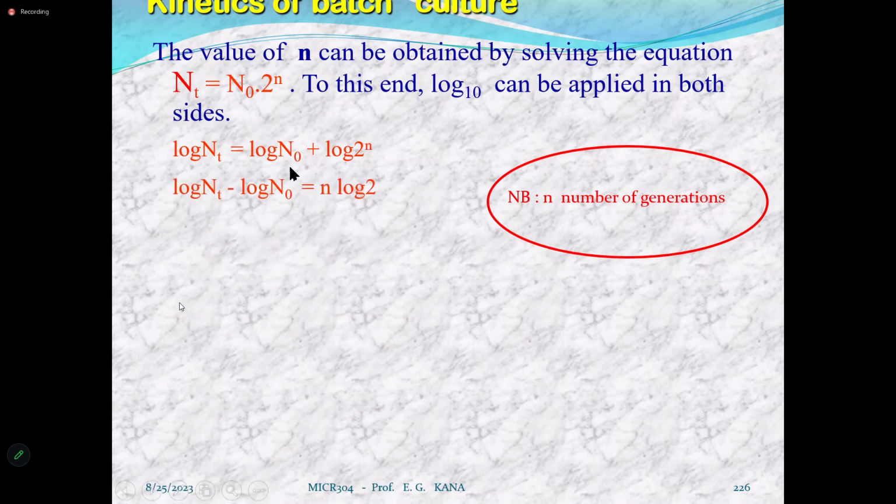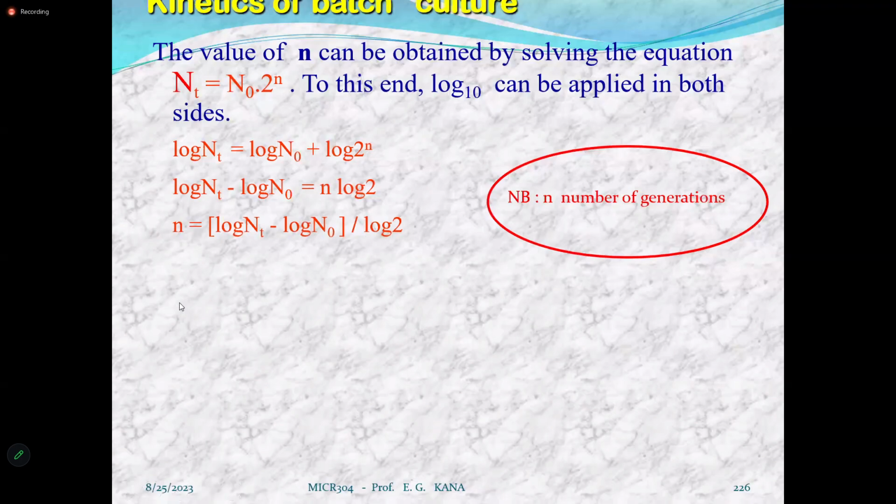And you could move the log of N naught to the other side of the equation. That gives you n log of 2 equals log of Nt minus log of N naught. And you can easily extract the n value, which will be equal to log of Nt minus log of N naught, divided by log of 2.